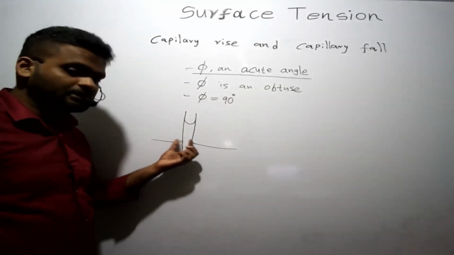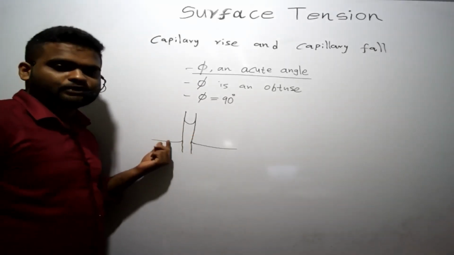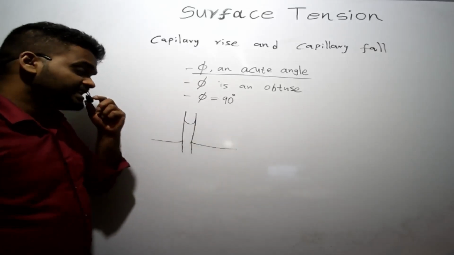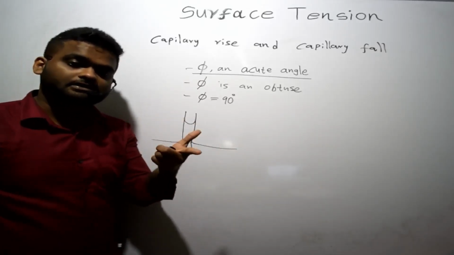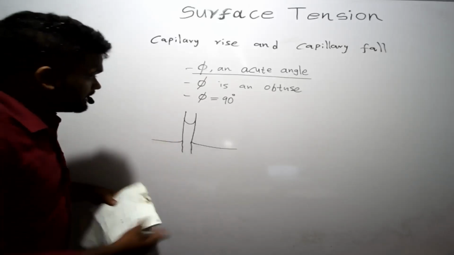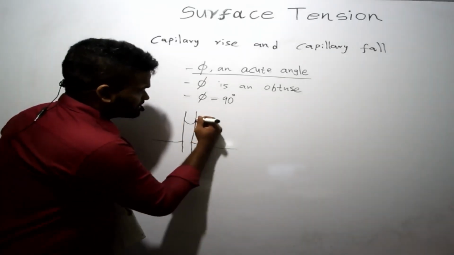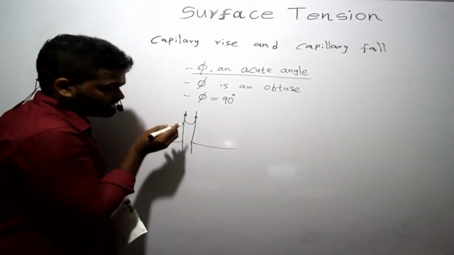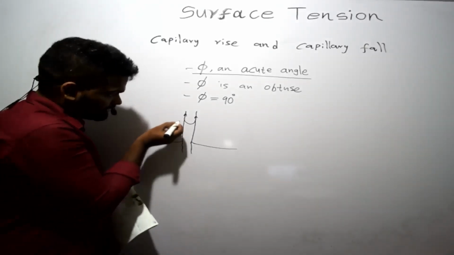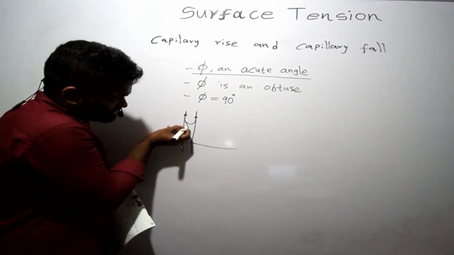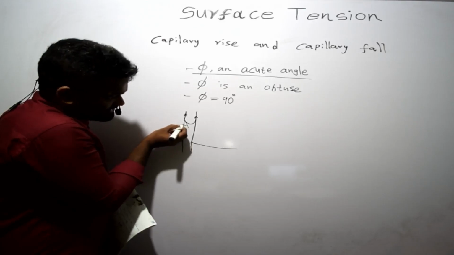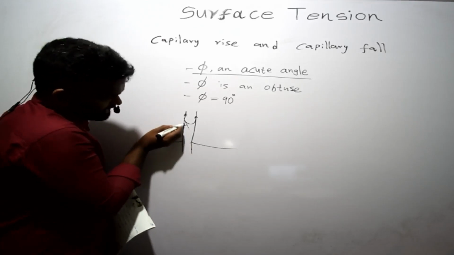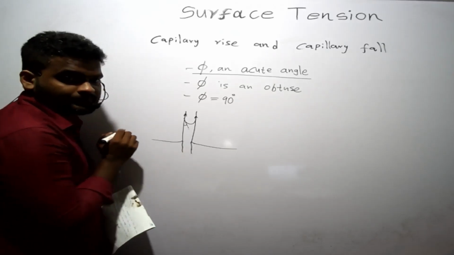According to hydrostatics, the liquid level should be at the same level, but here surface tension is at work. The surface tension forces are acting upwards. Here you have the contact angle, and you can see it is an acute angle.